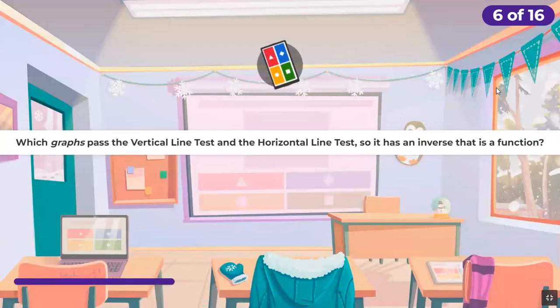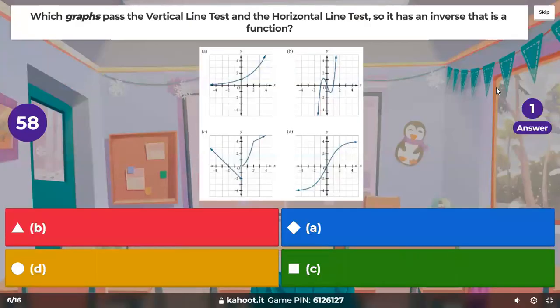All right. Which graph passes the vertical line test and horizontal line test? Meaning, when I go vertically, I only touch 1 point at a time. And when I go horizontally, I also only touch 1 point at a time. You have a 50-50 chance of getting this correct. That means there's 2 possible answers.